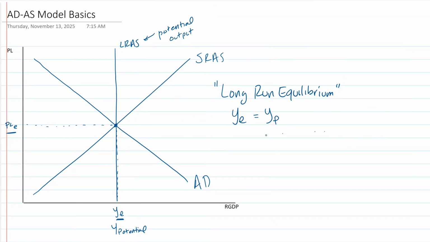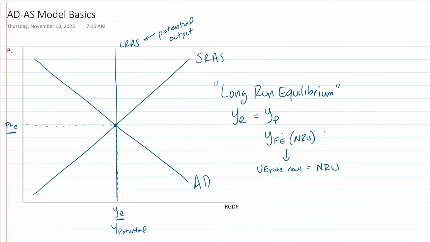And because YP is also YFE, full employment, or output when the economy is at the natural rate of unemployment, then we can also conclude that in this economy, our unemployment rate right now is equal to the natural rate of unemployment.